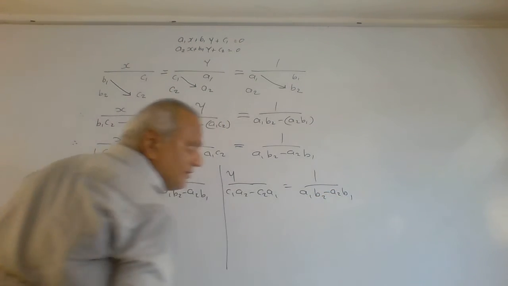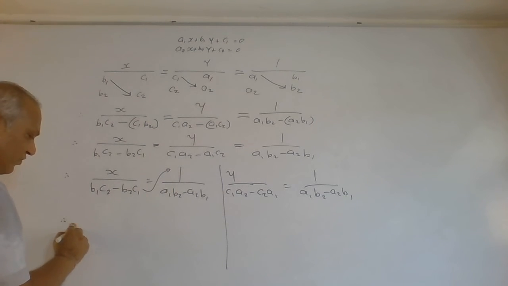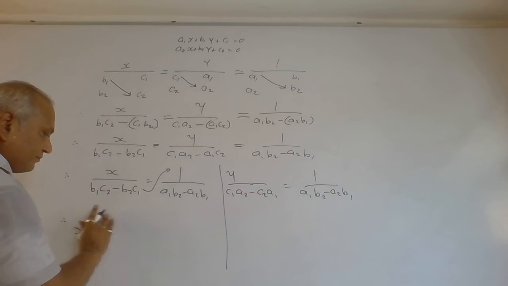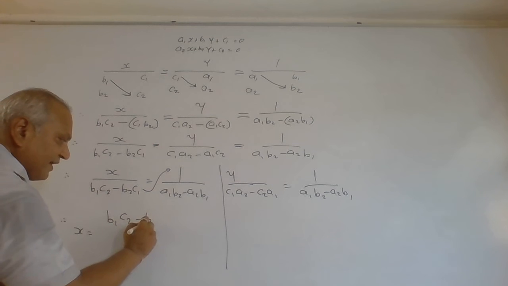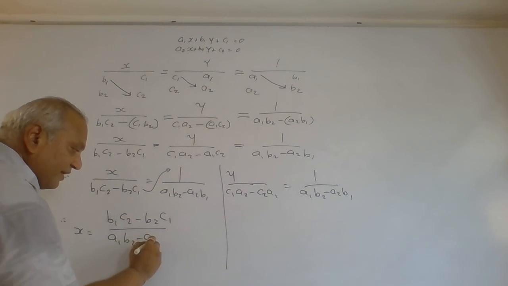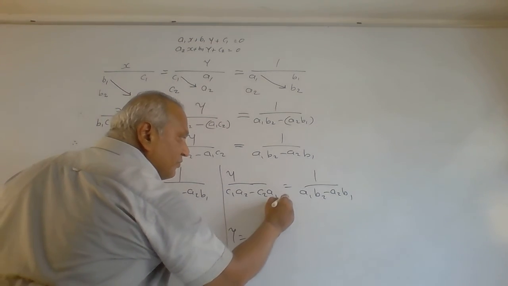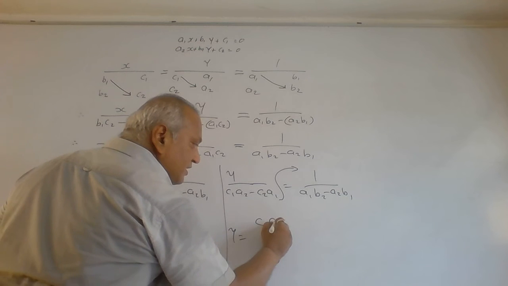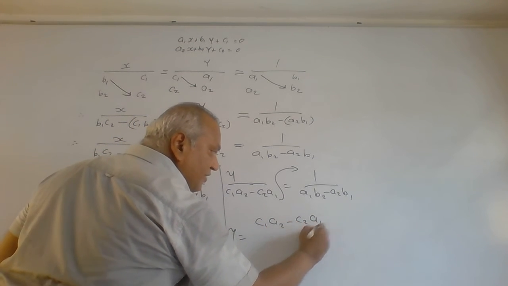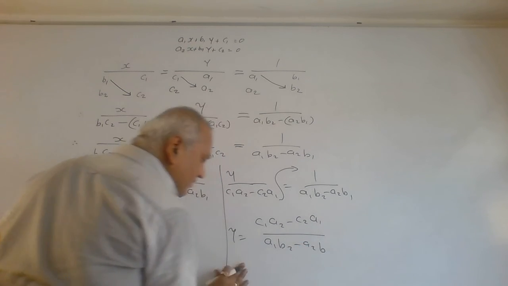Now we have to do cross multiplication. It will become the numerator. Therefore, x is equal to b1 c2 minus b2 c1 upon a1 b2 minus a2 b1. The same way, y is equal to c1 a2 minus c2 a1 upon a1 b2 minus a2 b1.